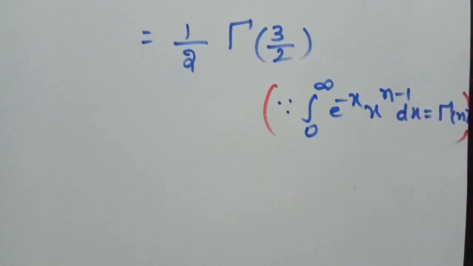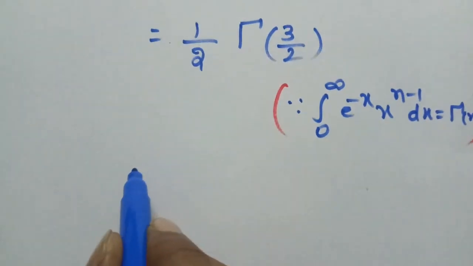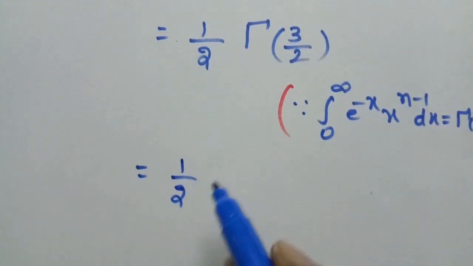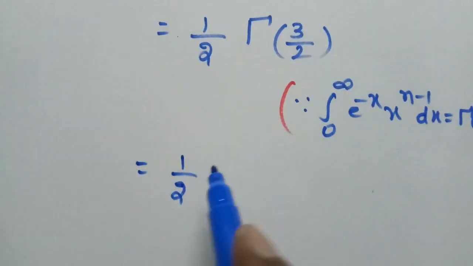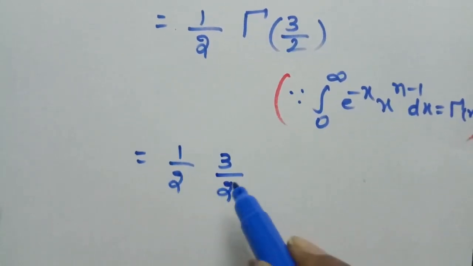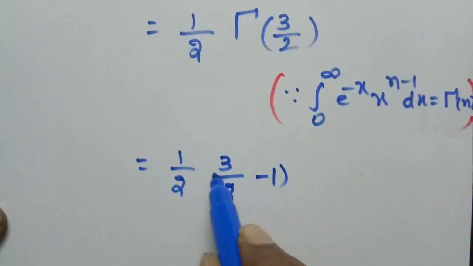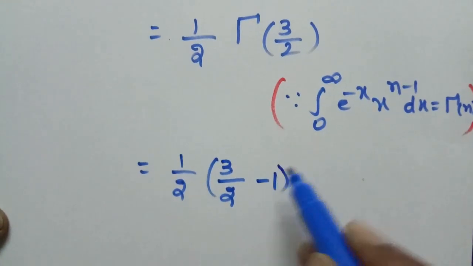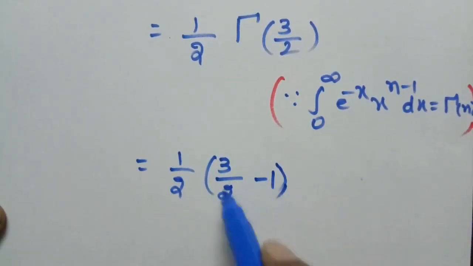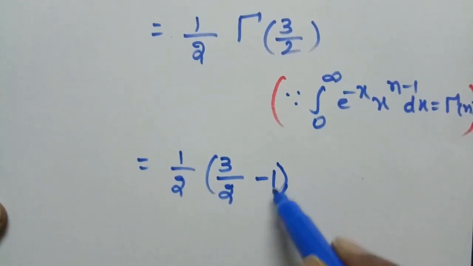Here n is a positive fraction, so we already have the formula for positive fractions. Write the series of products 3 by 2 minus 1, so long as the factors remain positive. So 3 by 2 minus 1 is the last positive factor.